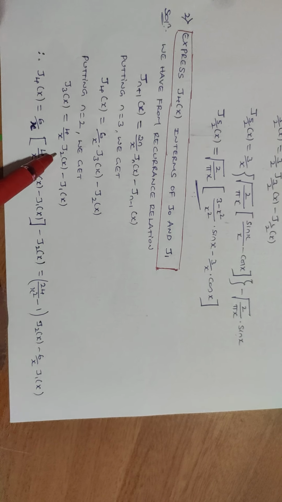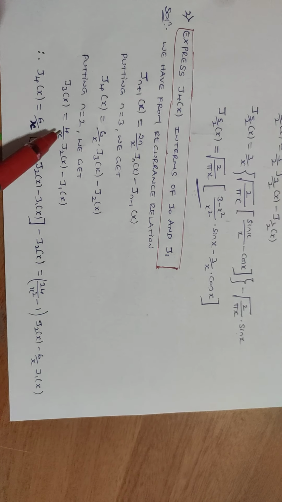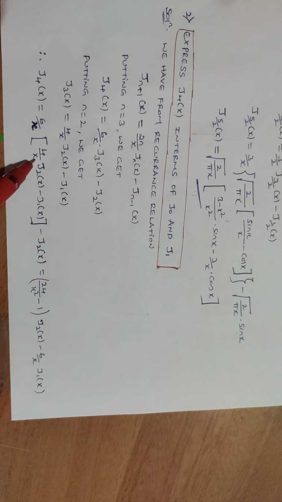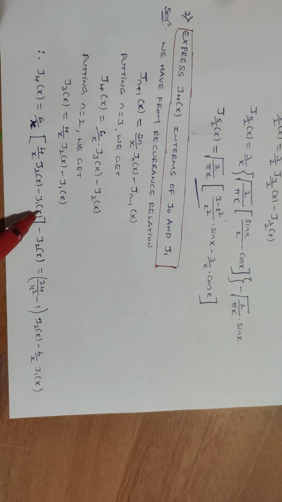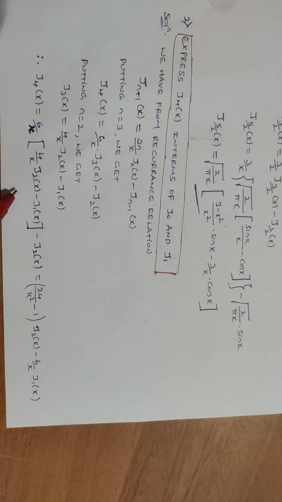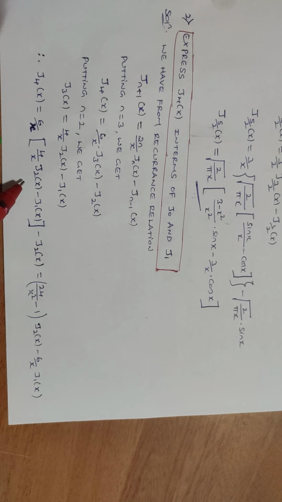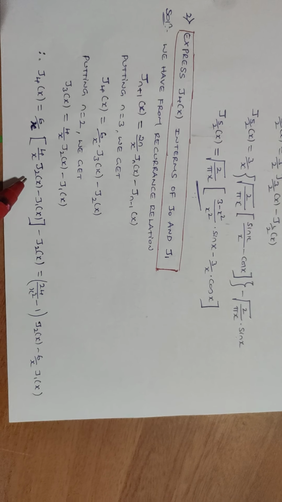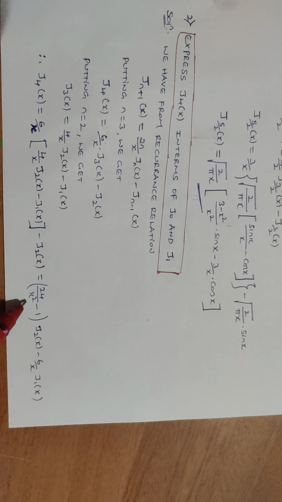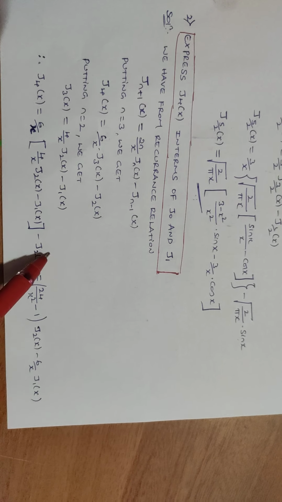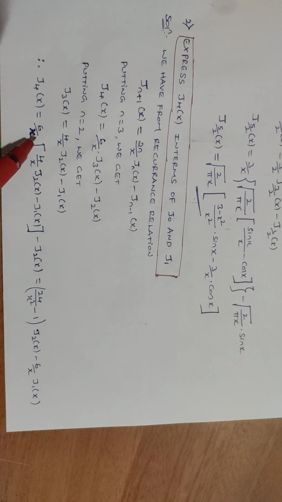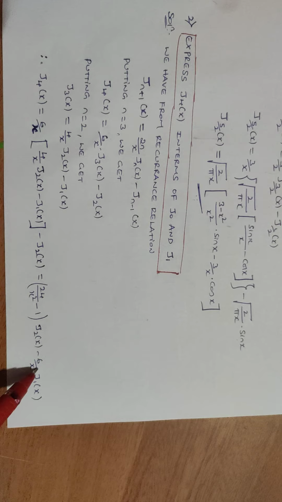Therefore, J_4(x) can be written as 6 by x into (4 by x J_2(x) minus J_1(x)) minus J_2(x). On multiplying, 6 into 4 will be 24 divided by x square minus 1. Take J_2(x) as the common factor, minus 6 by x into J_1(x).